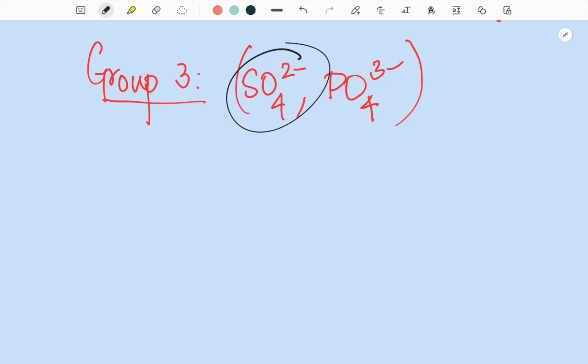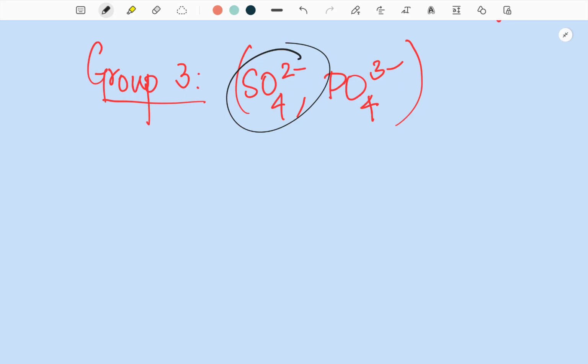Then other than the precipitate, all the other products and all the reactants are going to be in the aqueous state. Only the precipitate is a solid residue. Everything else is in aqueous state.